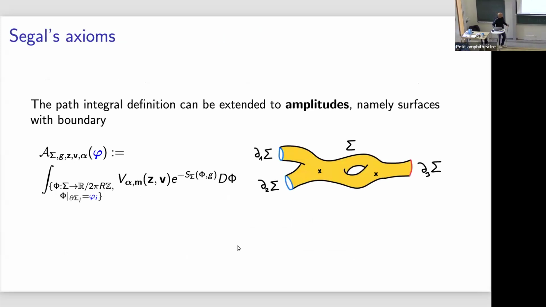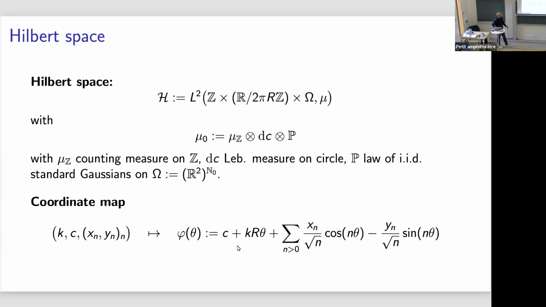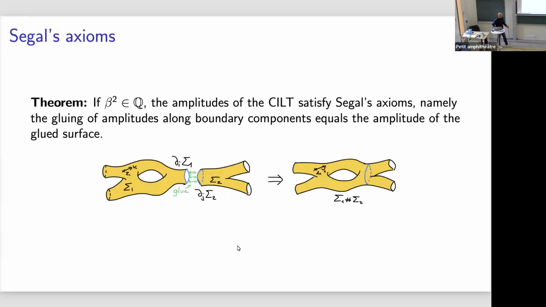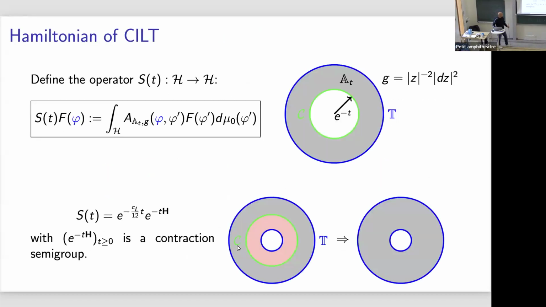Well, I will try to finish in one slide. So you can perform the Segal axioms. You can also identify the Hamiltonian with the same story as before. You get an operator H. But this time, this operator is not self-adjoint.